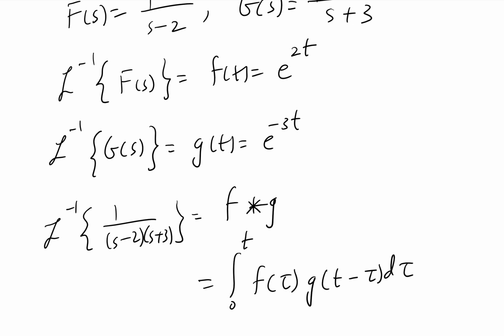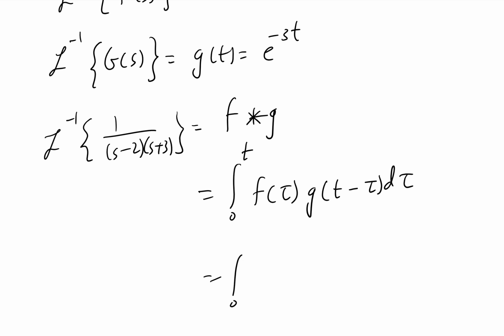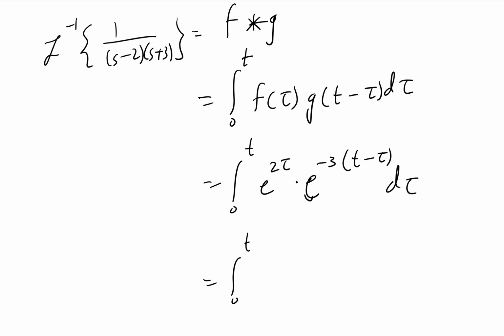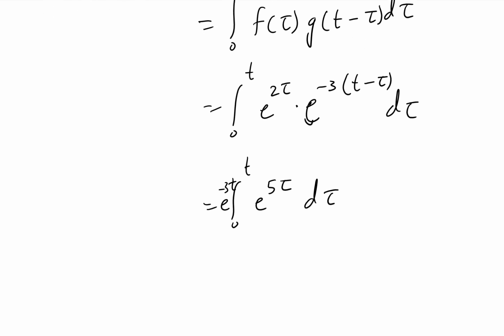So when we substitute the functions in, the integral from 0 to t of e^(2 tau) times g, not g, e^(negative 3(t minus tau)) d tau. And that would give us the integral from 0 to t of e^(negative 3t), and 3 tau with 2 tau, 5 tau. So e to the 5 tau d tau. And you can take e^(negative 3t) out because that's considered a constant. The variable is tau.